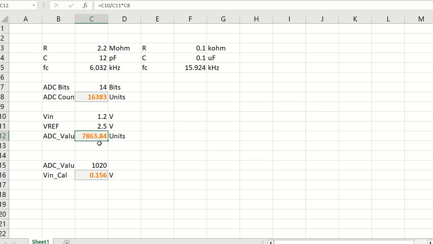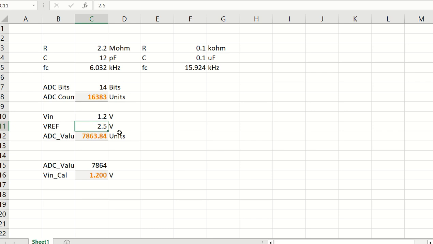Understood. Conversely, if you put the ADC value 7863 or 64, it will be close to 1.2 volt.